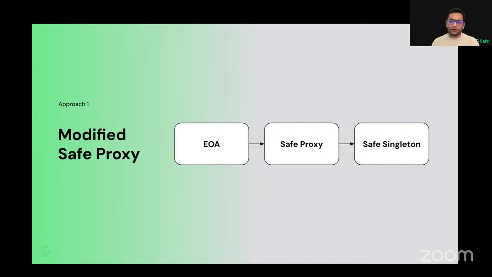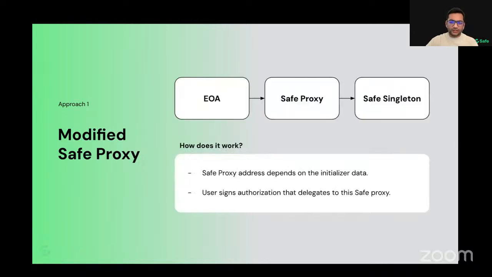And then the Safe proxy has a function called setup, which is used for setting some storage of the EOA. And then any other calls are delegated to a Safe singleton. So that's approach one. And how does it work?